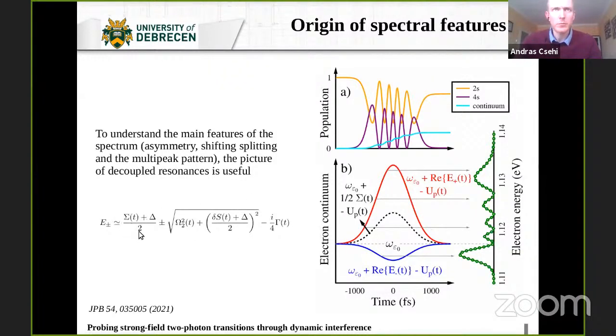And one can plot these energies, E plus and E minus. These energies follow the pulse intensity envelope because delta is 0, as I told you before.